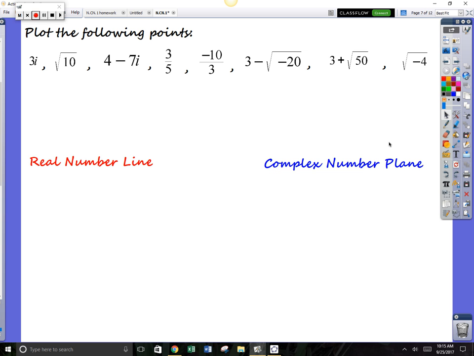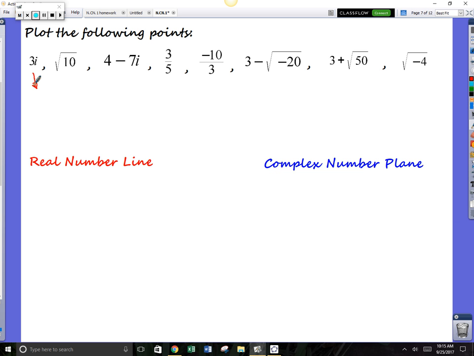So right below it, let's go. This is imaginary. Okay, it's imaginary and it is complex.